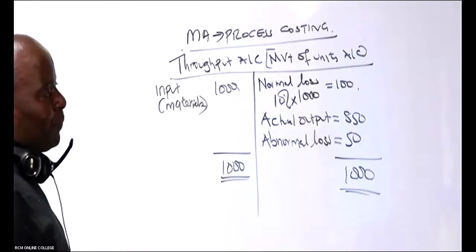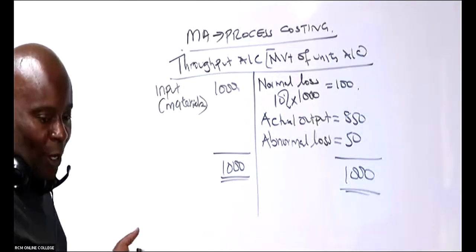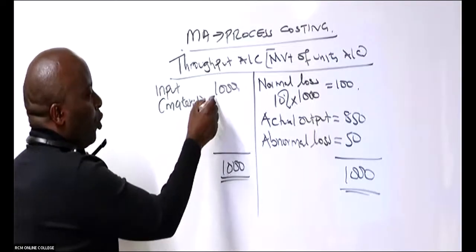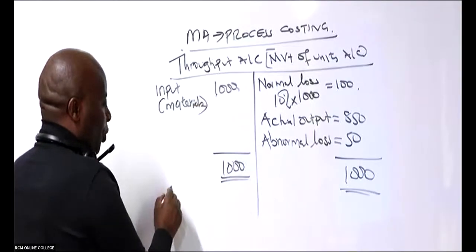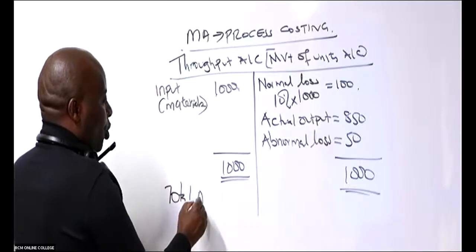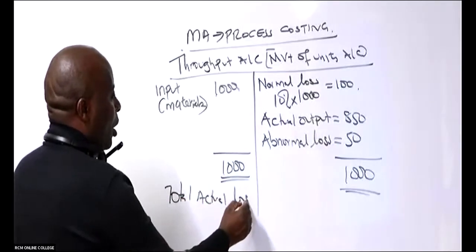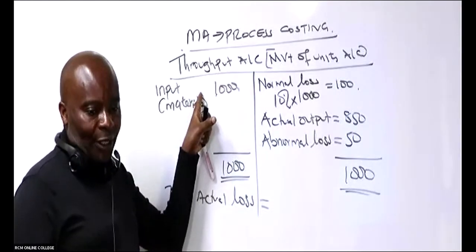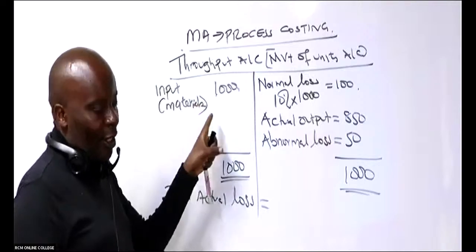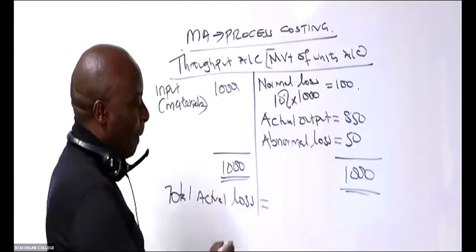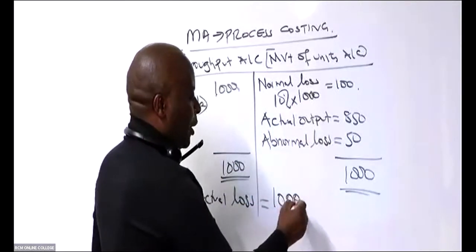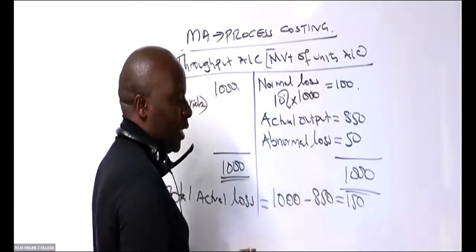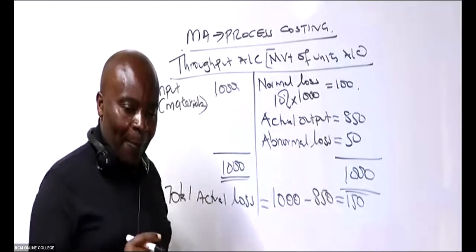50 units. Now, remember yesterday, I tried explaining that when you look at the total actual loss, into the process we did put in 1,000, but we actually got 850. So 1,000 minus 850 gives me 150 as the total loss.